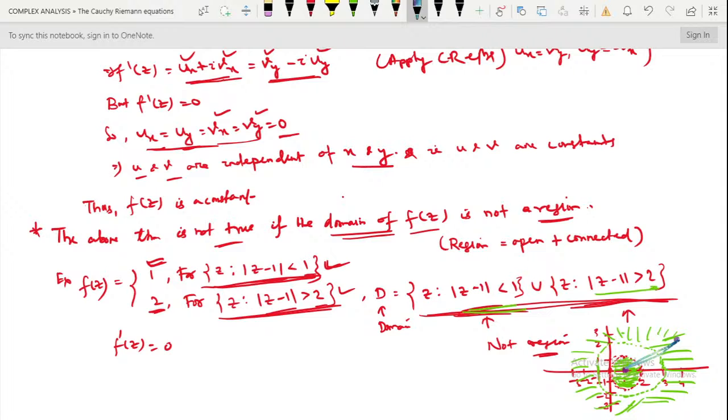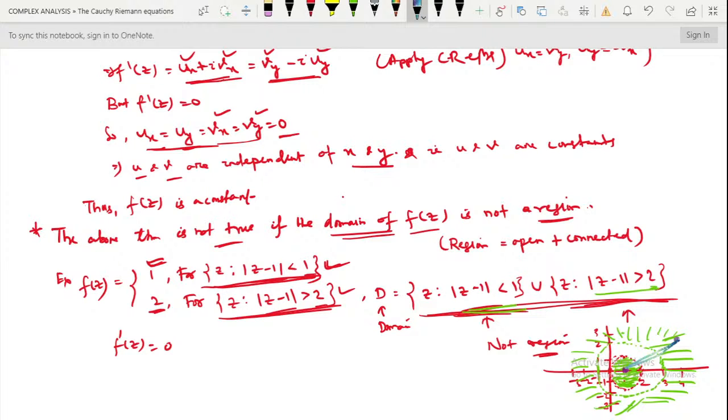And since it has constant modulus, f of z is u of x, y plus i times v of x, y. So the modulus of f of z is the square root of u squared plus v squared, sorry, modulus. So its modulus equals this thing, which is a constant.